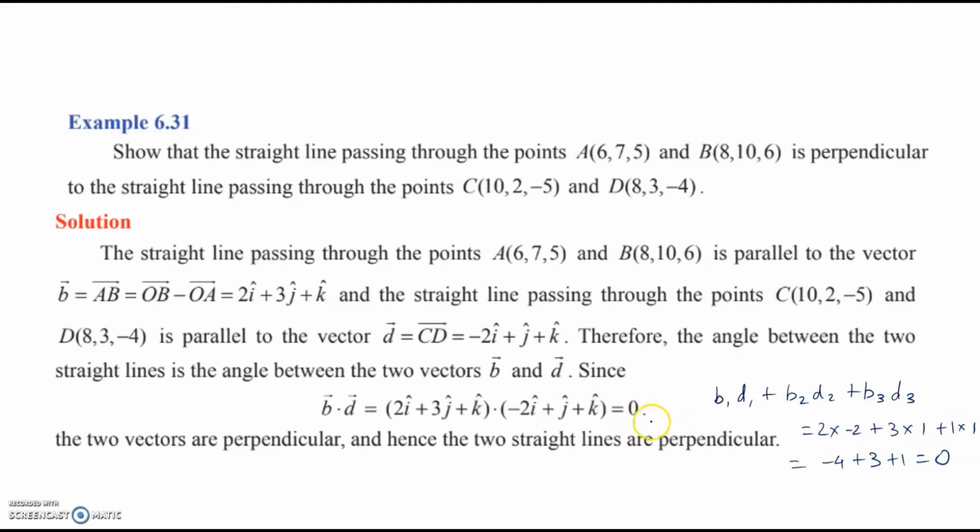So here you see that this is equal to 0. Therefore, the two vectors are perpendicular and hence the two straight lines are also perpendicular.